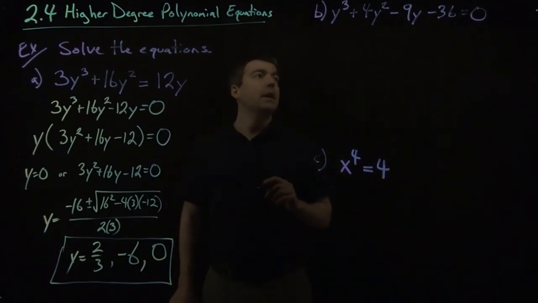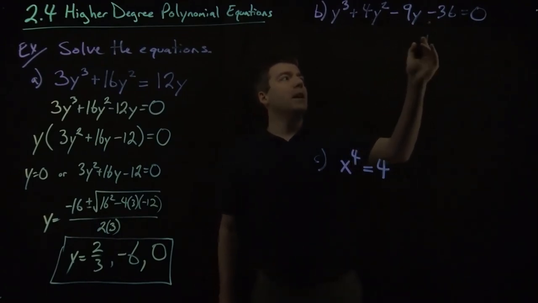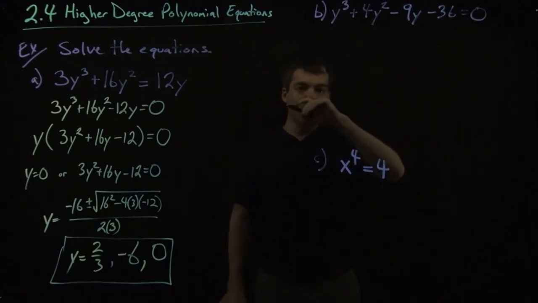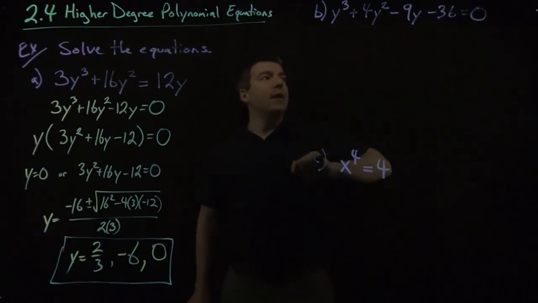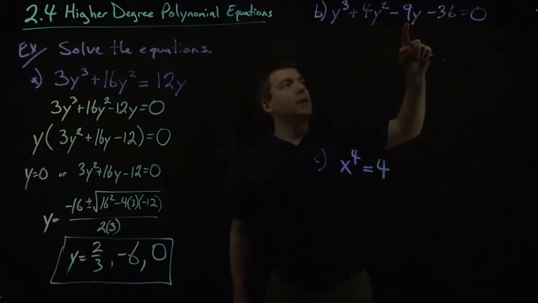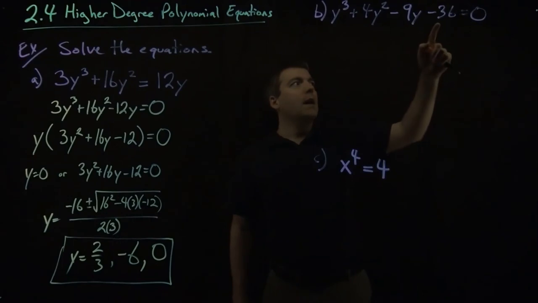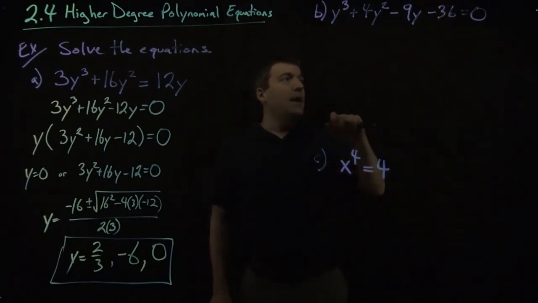Next example. Here we have y cubed plus 4y squared minus 9y minus 36 equals 0. Again, we want to look for common factors. We've got y cubed, 4y squared, minus 9y, minus 36. We have no common factors. That's fine.